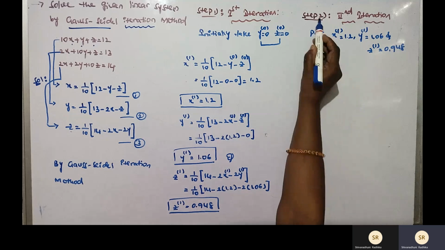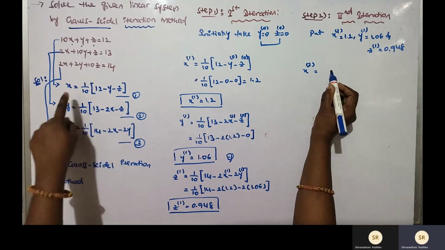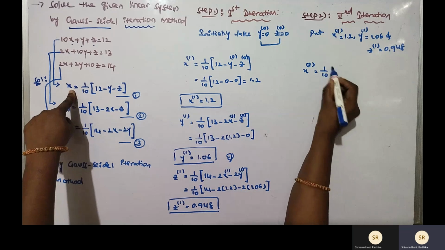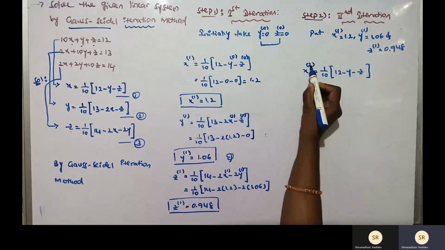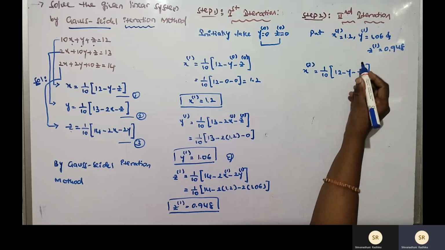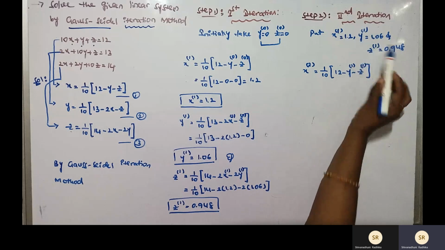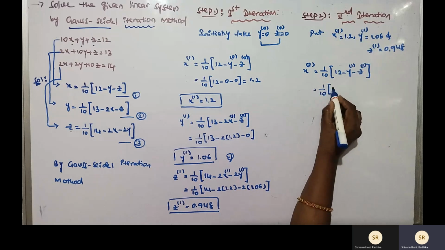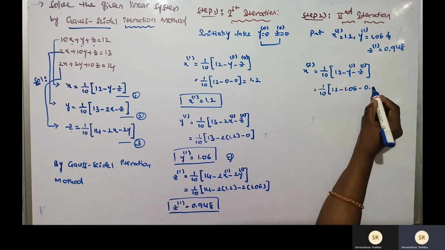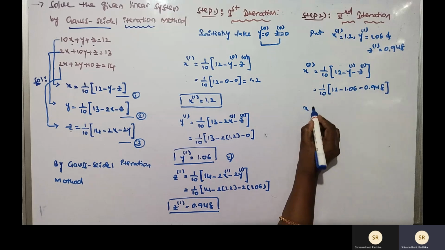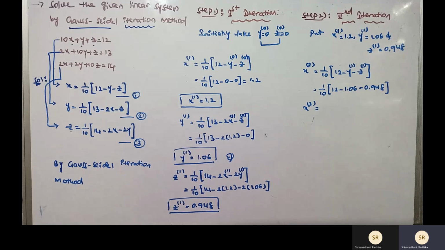In step 2, we are finding x second approximation, 1 by 10 into 12 minus y first approximation 1.06 minus z first approximation 0.948.